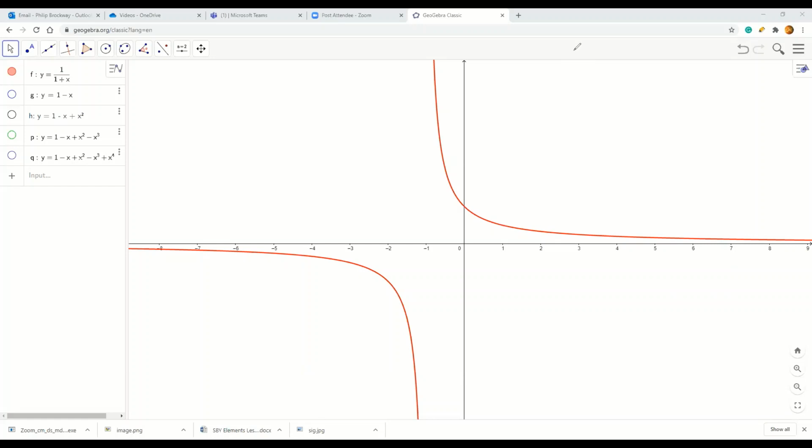I'm not too interested in those at this stage, but you can see if I disable that, the graph f is the red curve. So this is the left-hand side, if you like, of the equation. So 1 over... just get rid of that. Sorry about this.